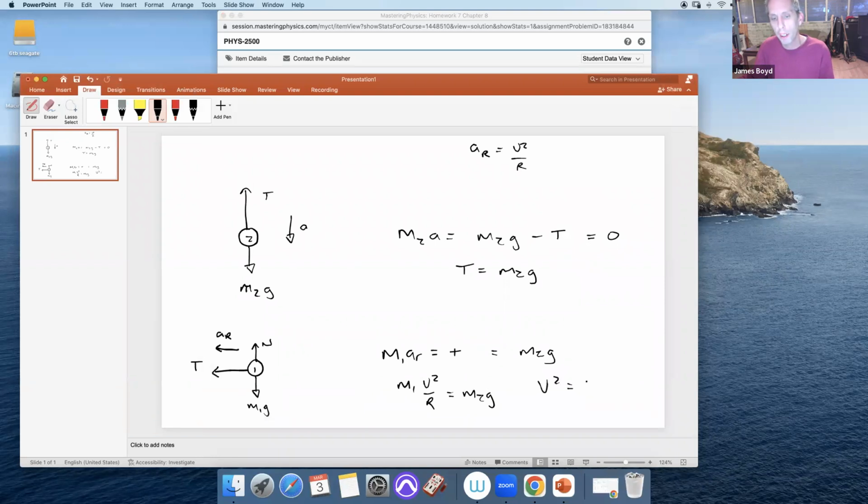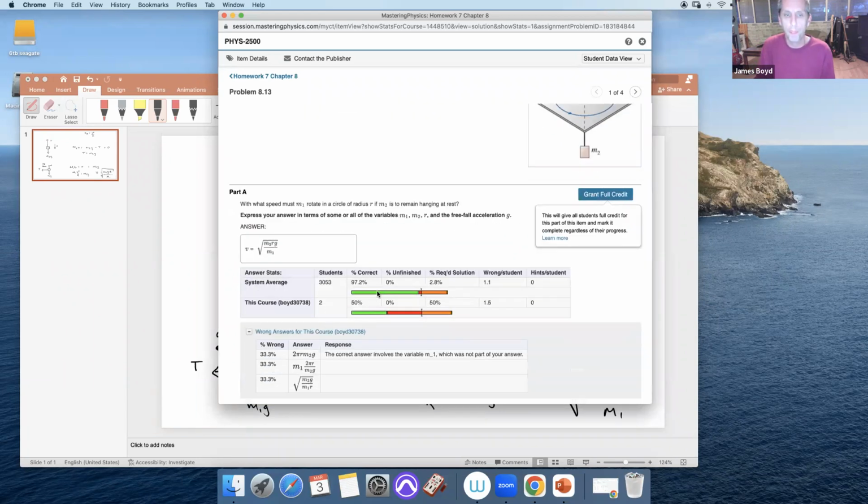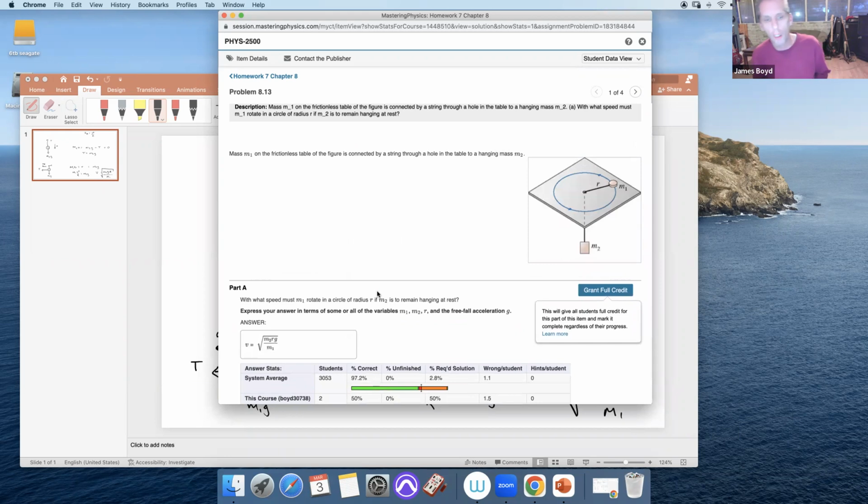So v squared is m2g, multiply both sides by r, divide both sides by m1, and then take the square root. So our velocity is the square root of m2 over m1 times gr. They don't want you to actually solve it, they just want you to enter that as variables.